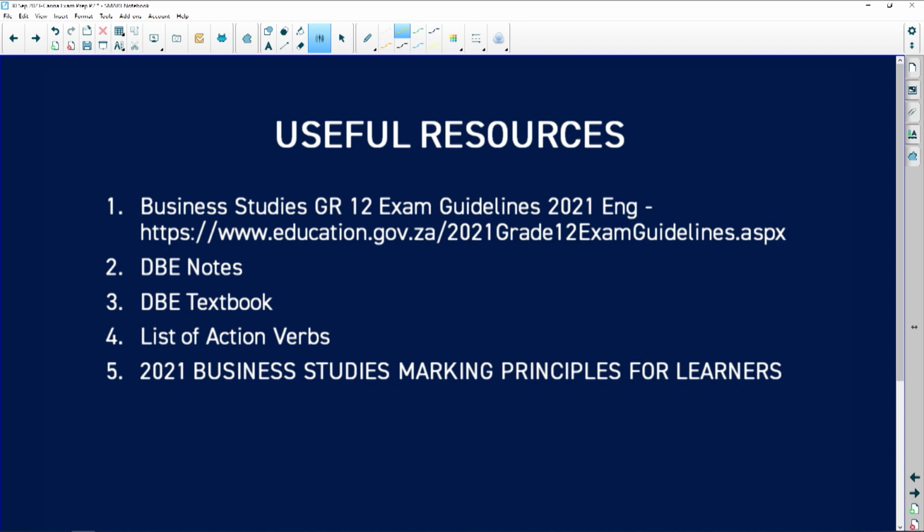There is also a list of action verbs that will help you understand what is meant by a verb when it gets asked in the question paper. If I ask outline, you just have to list things. If I'm asking you to explain, I'm looking for a couple of sentences. I'm looking for a full sentence. I'm looking for a bit more.